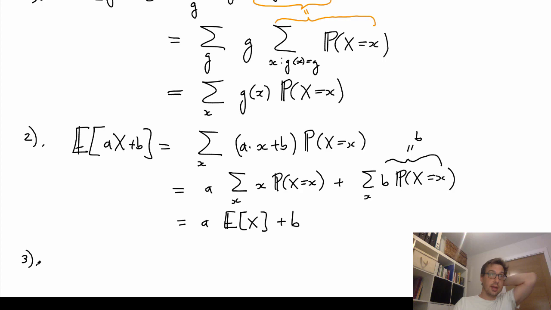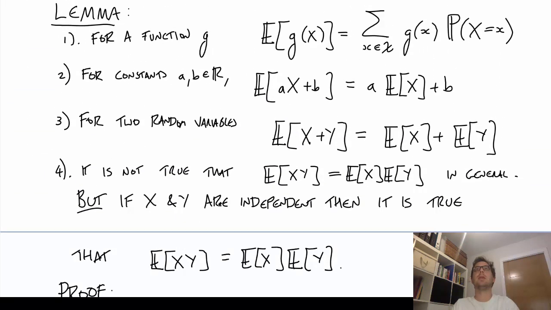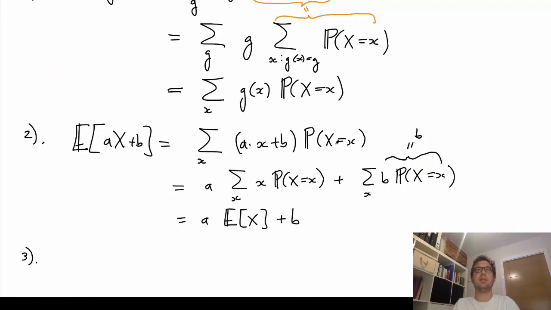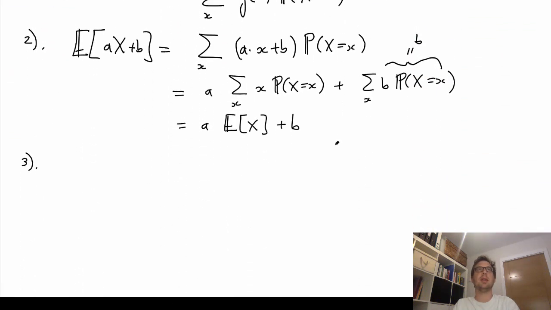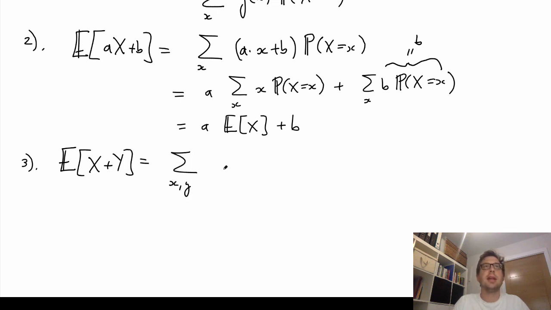Okay, next one. Well, maybe I won't do the next one because it's really the same as the first one. Let's do it quickly. This is kind of the same as the last one. It's the sum over all the values of y and x, of x plus y, times the probability that X equals x and that Y equals y.